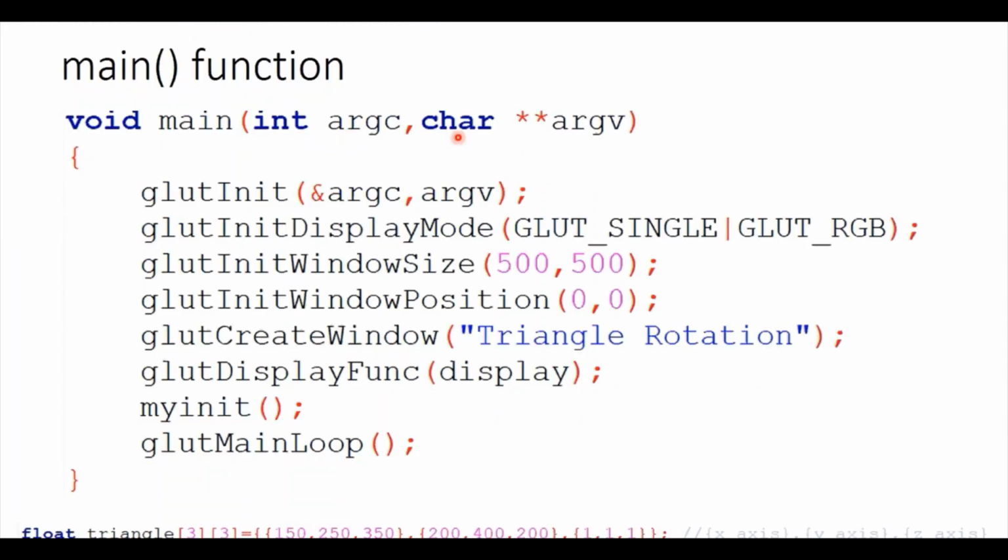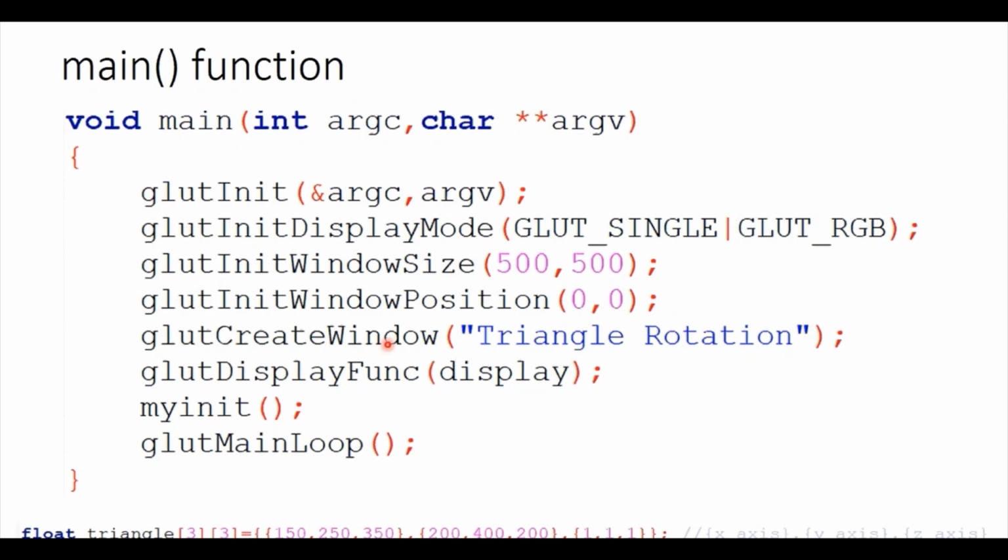Now, this is my main program. I am taking my command prompt arguments, and then I am initializing OpenGL, and then I am setting up my display mode. Since this is a 2D simple program, I am using single buffer, and then I am using RGB buffer. I am taking my window size as 500 cross 500 at position 0 comma 0, and my output window is named by title triangle rotation, and this creates the window.